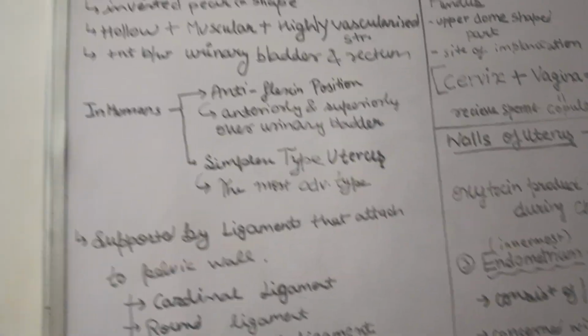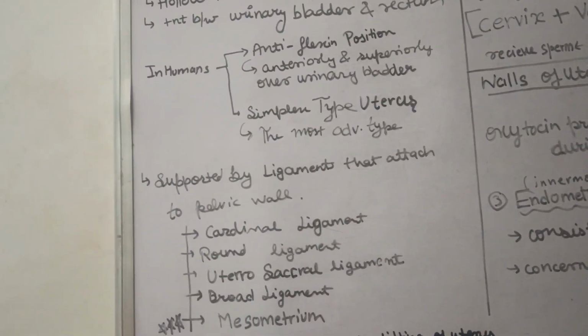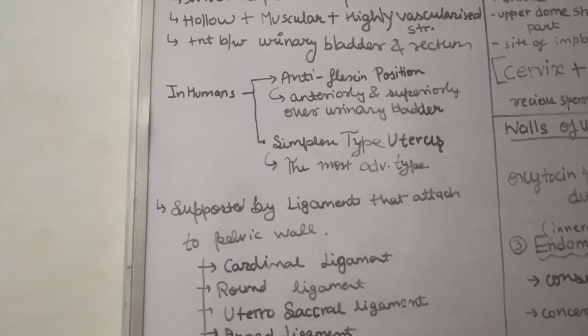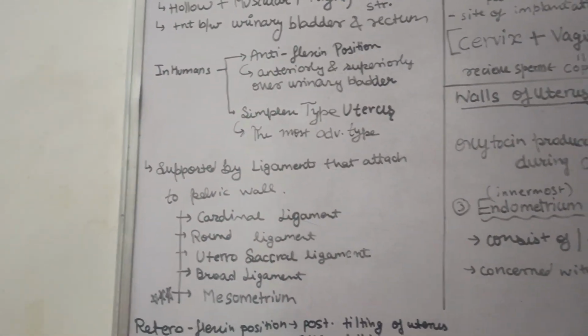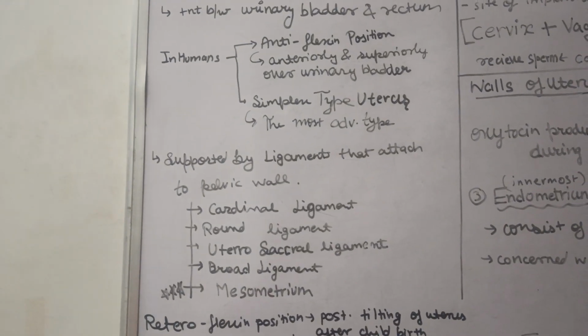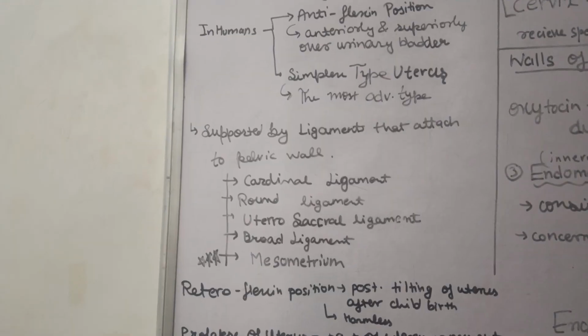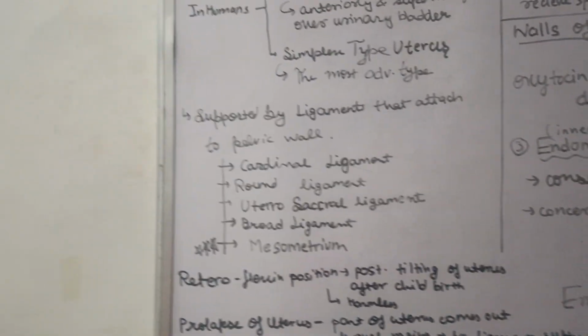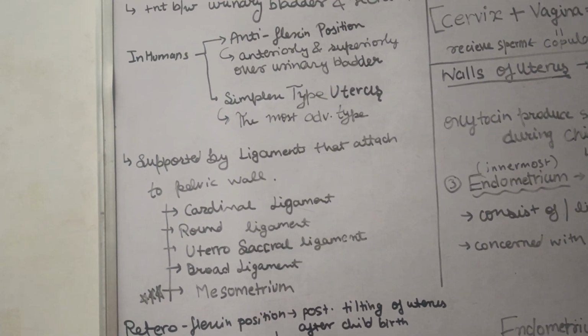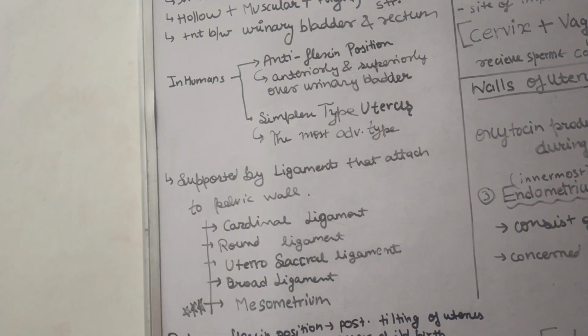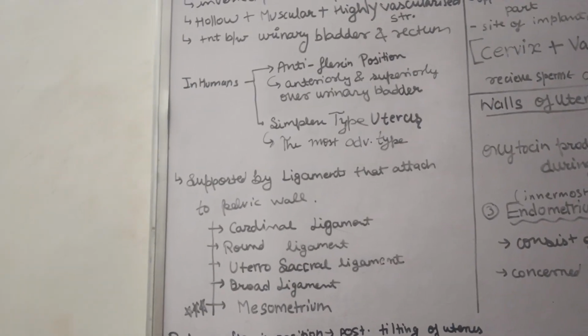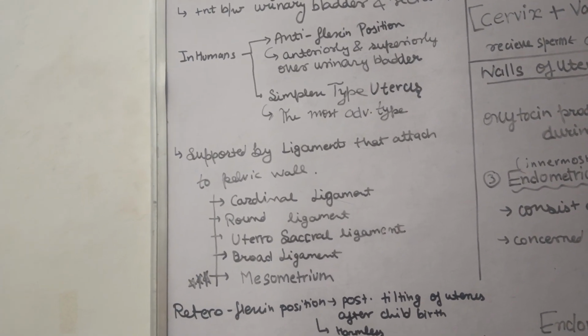Also in humans, we have an anteflexed position of the uterus. It means that anteriorly and superiorly it is over the urinary bladder. Like the urinary bladder and rectum, it is between them, so some part of the uterus is on the superior side. It is over the urinary bladder, which you can see in NCERT.